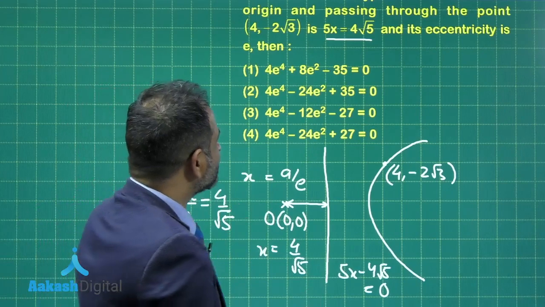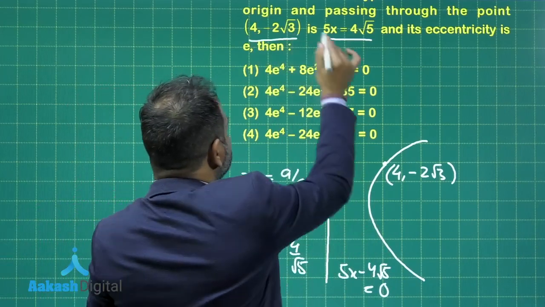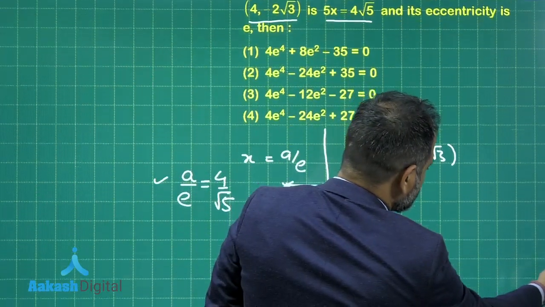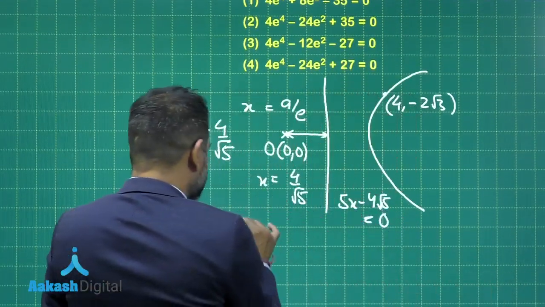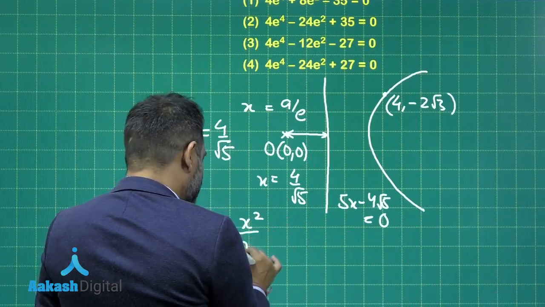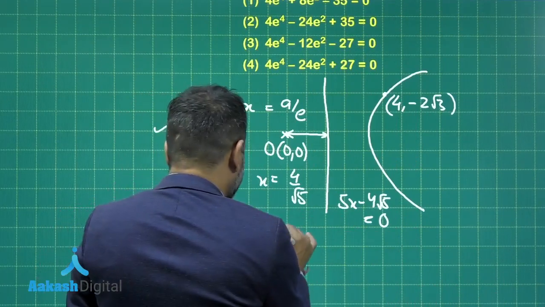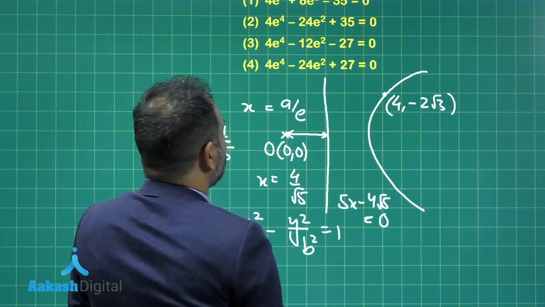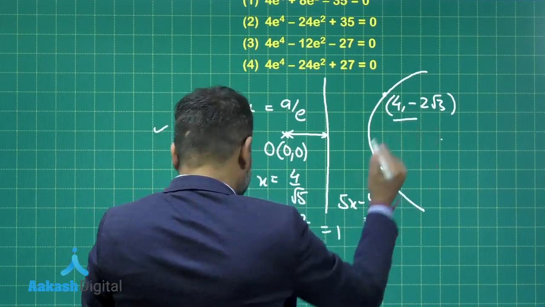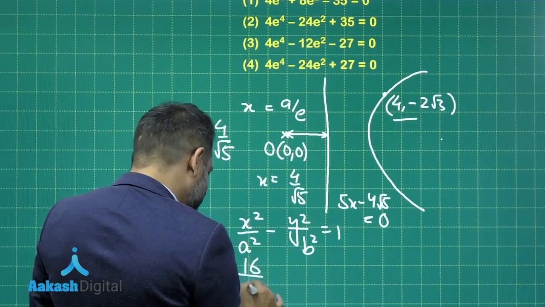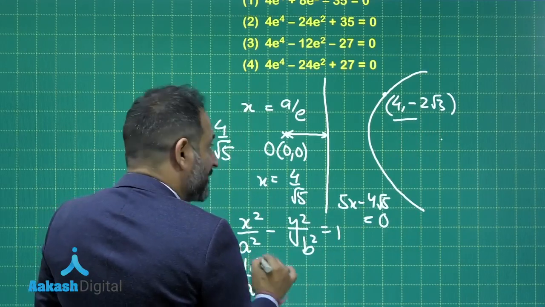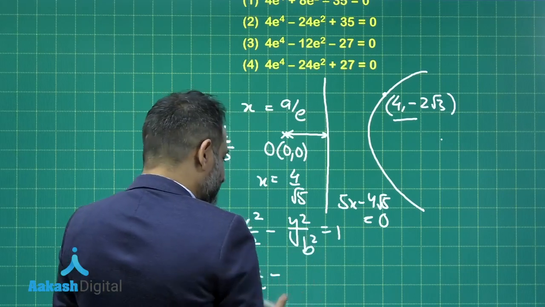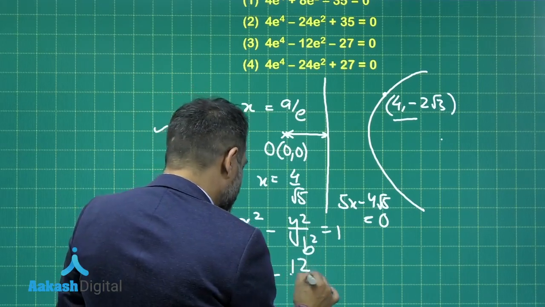Now, what else is given here? The hyperbola is passing through (4, minus 2 root 3). So, if we assume the equation of the hyperbola as x square upon a square minus y square upon b square equal to 1, and if I satisfy this particular point here, we have 16 by a square minus the square of 2 root 3, which is 12, by b square.